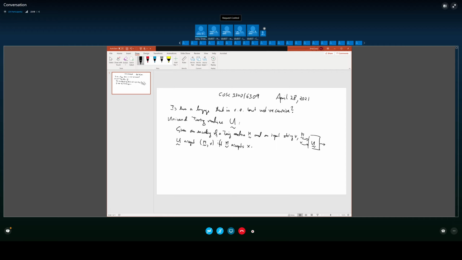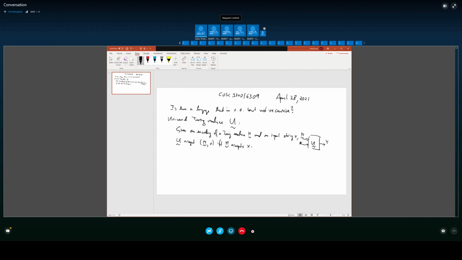Remember, M is an arbitrary Turing machine. In particular, we do not know whether it will halt on input X. So the universal Turing machine will say yes if M accepts X. But it does not necessarily do anything else.